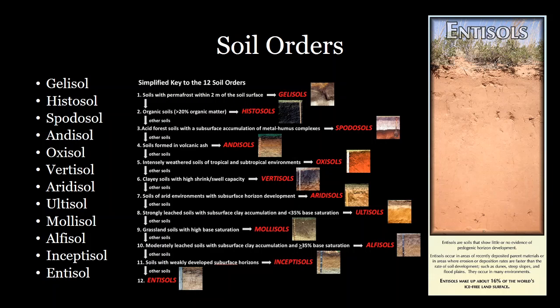And so, for example, a sand dune or a river floodplain would be an entisol, and these can cover a large area of the planet, 16%, because there's a lot of area that has either steep slopes or sand dunes or river floodplains that entisols are characterized as.